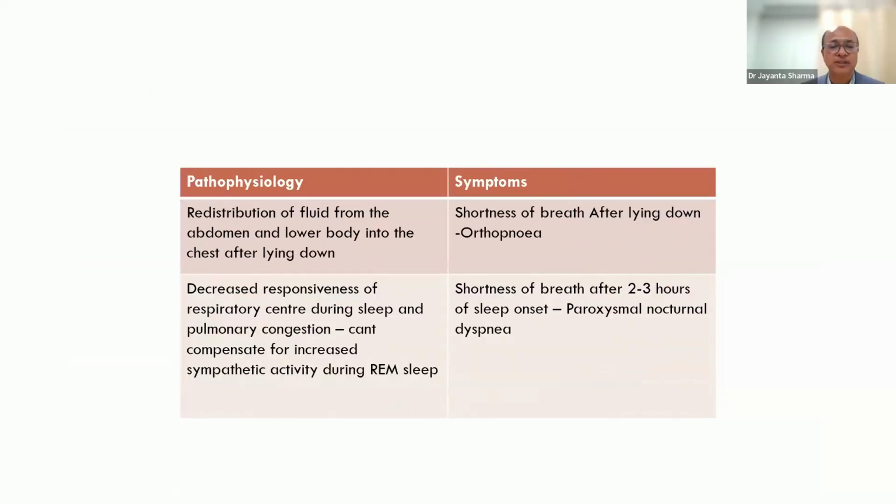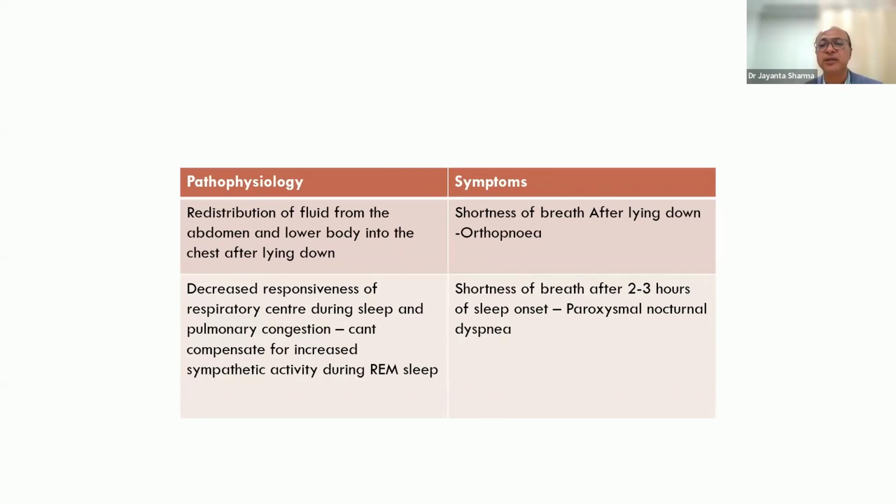Now the pathophysiology. What happens in heart failure? The pathophysiology in backward failure is redistribution of fluid from the abdomen and lower body into the chest after lying down. The symptom is usually shortness of breath after the patient lies down. That is called orthopnea. There occurs decreased responsiveness of the respiratory center during sleep, and pulmonary congestion can compensate for increased symptomatic activity during REM sleep.